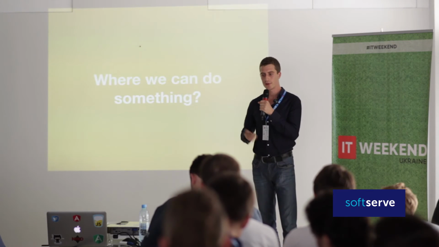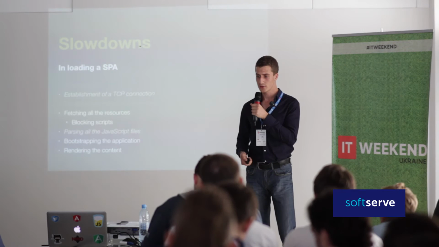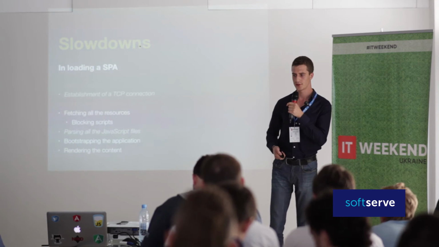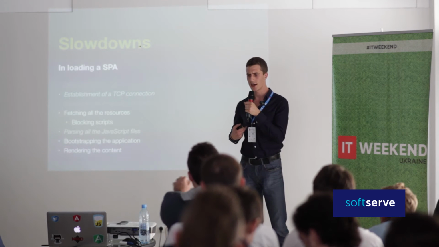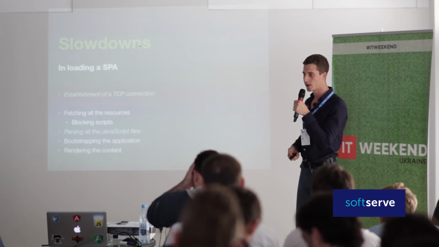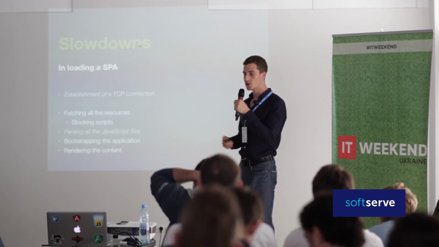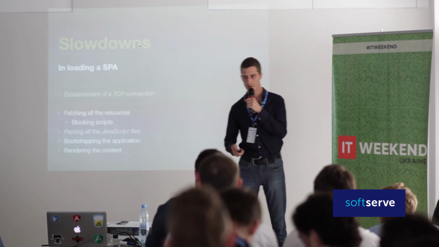But where can we do something in order to improve our performance? Well, in DNS lookup, we can eventually improve it using some tags, which is actually DNS prefetch, which was added by HTML5. We can eventually improve the performance for establishing a TCP connection if we are using CDNs.